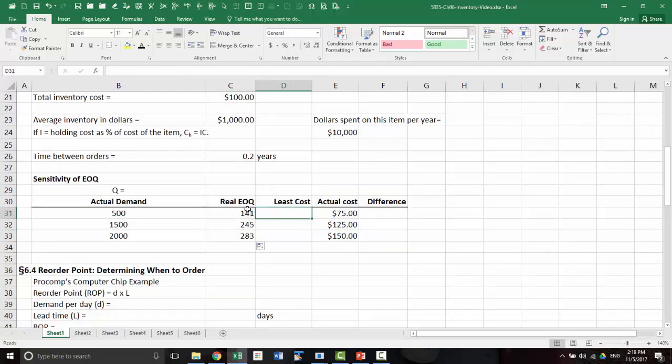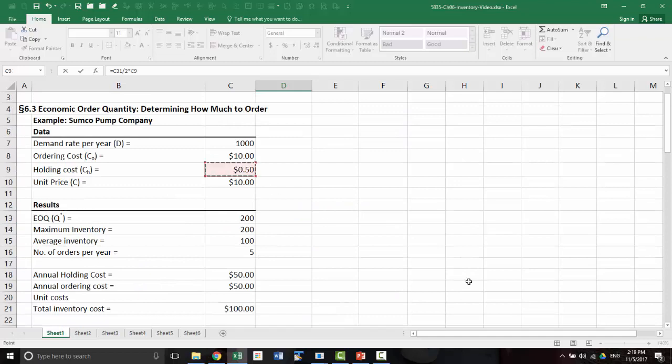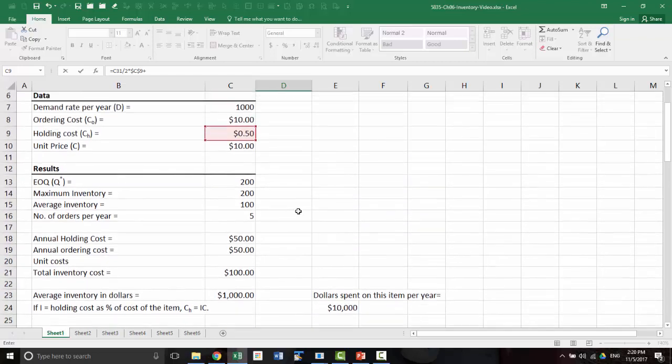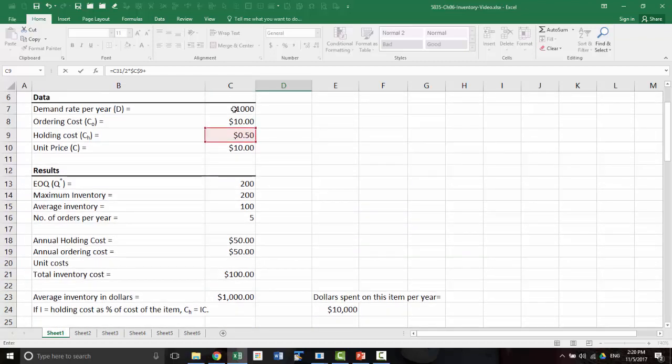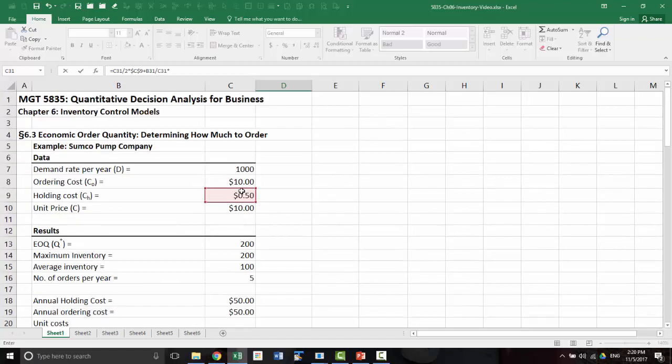If we had ordered 141 in this case or 245 in this case, what would have been the least cost? Again, that would be Q over 2 times the holding cost, and I'll absolute reference that, plus D over Q. So now the demand is, demand divided by Q, times ordering cost.